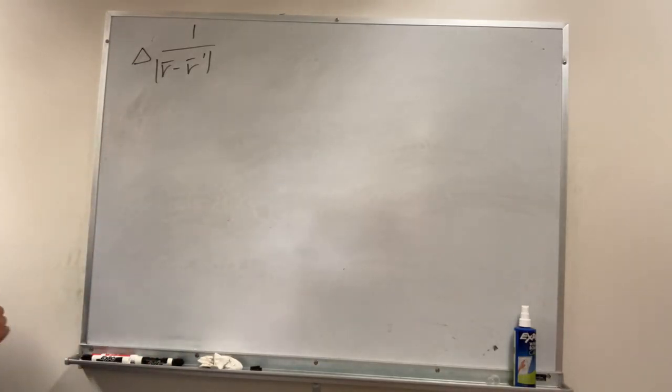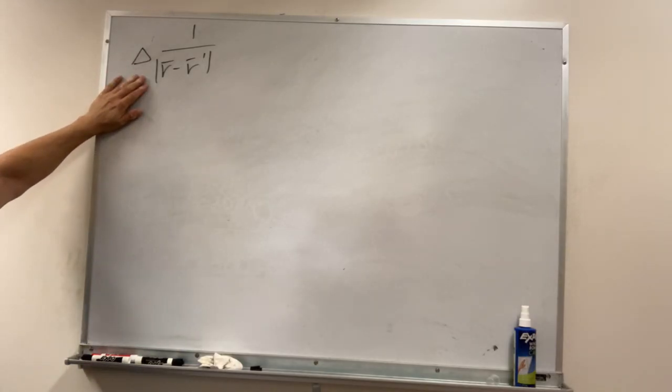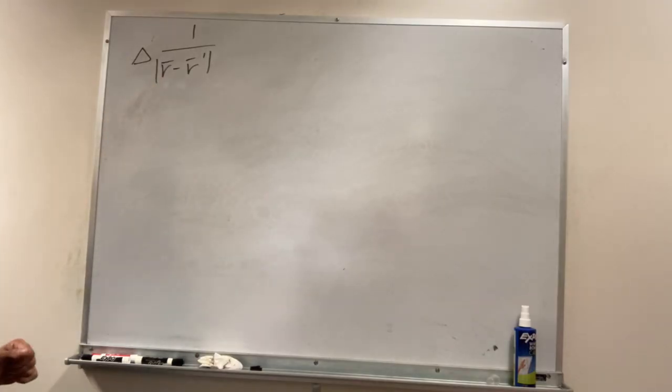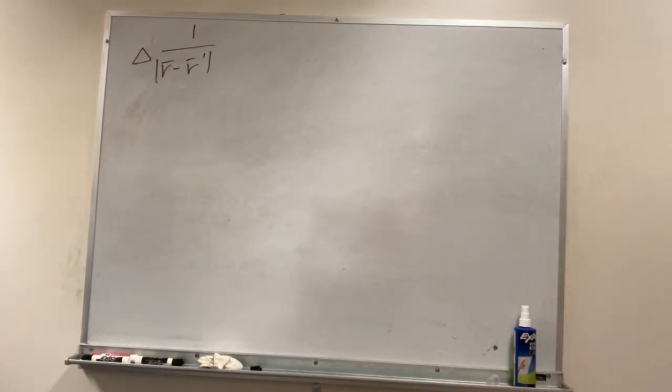So we can calculate this Laplacian, and if you go straightforward, as we discussed last time, you calculate this Laplacian at any point r, it will be 0 if r is not equal to r prime. So it means that we need to be very careful about what happens when r equals r prime, because at this point we have a singularity, and we need to calculate this Laplacian very carefully.